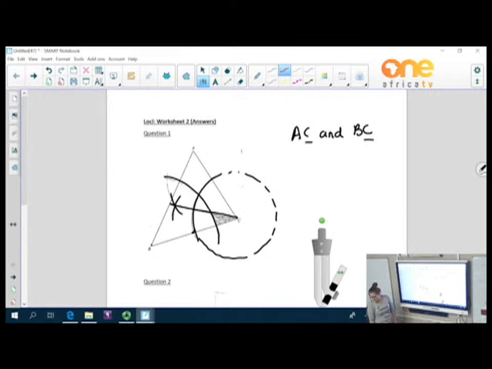Then shade the region inside the triangle which is more than 6 centimeters from B. So more than 6 centimeters from B means it will be in this range. I'm just making dotties. In this range, more than 6 centimeters from B and nearer to BC than to AC. So nearer to BC is the one here at the bottom, which means this part will be your shaded area.